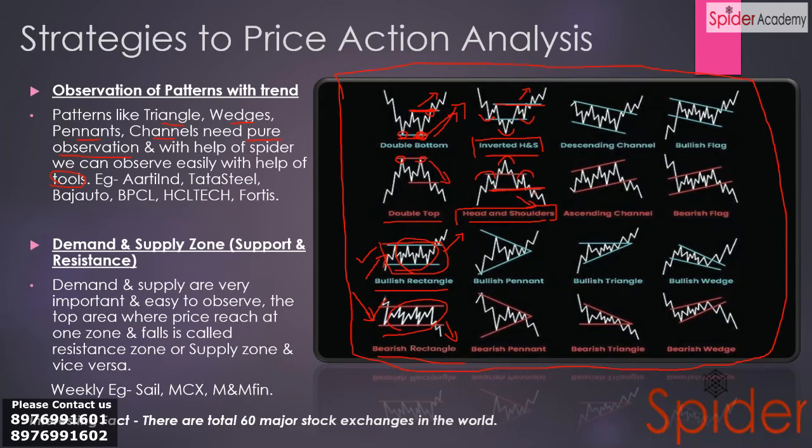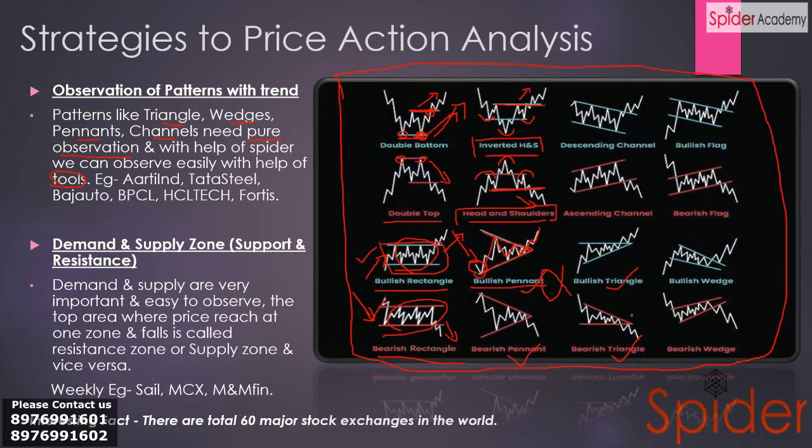After that, we have the bullish pennant, bullish triangle, bearish pennant, and bearish triangle. It is the same thing. These patterns are all the same, but the minor difference you can observe is in the bullish pennant. If you observe this area, it actually started with a bearish trend, then one triangle appeared, and after that it broke the trend line.